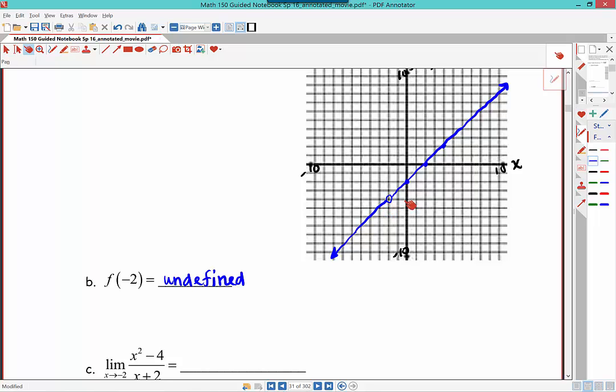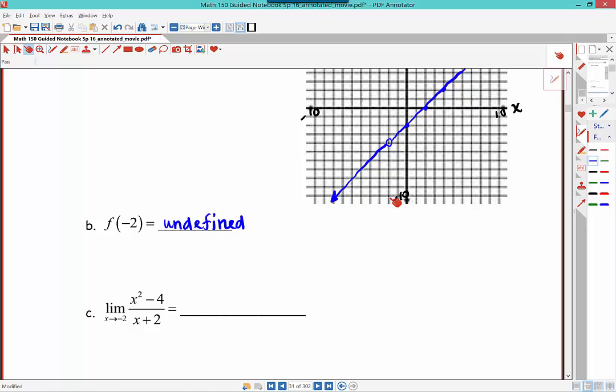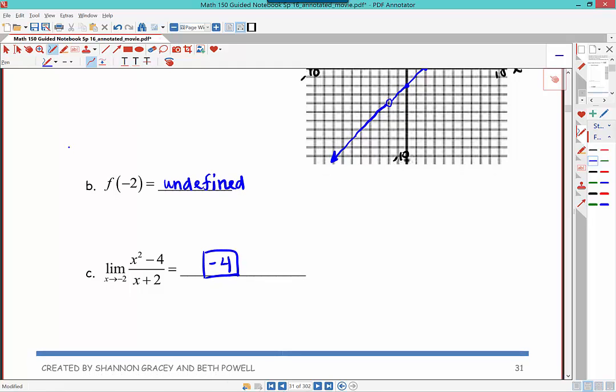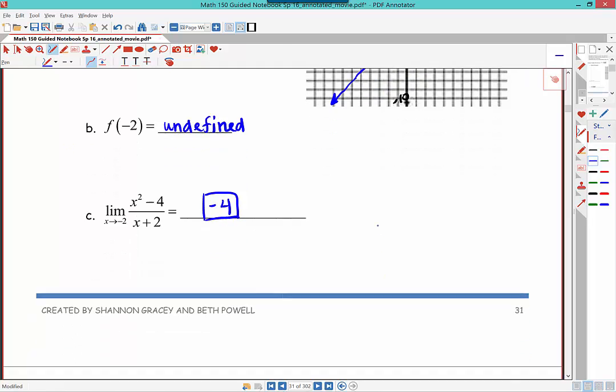Good, -4, because that's the y value. And from the right side, do you see we also get a y value of -4 that we're approaching? So therefore, we can conclude that we get a limit of -4 as we approach -2 from both the left and the right. Okay, how we do? Perfect.